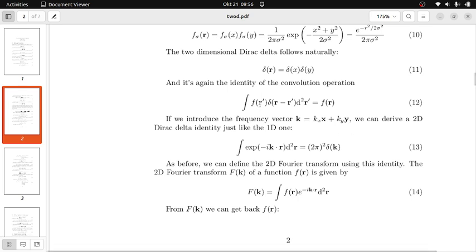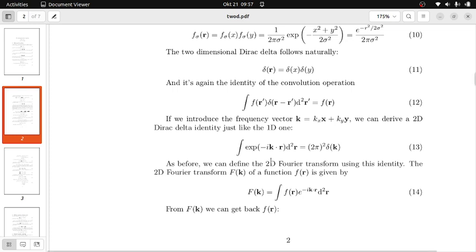And now when we go to Fourier space, we no longer have a frequency number, we have a frequency vector k, which is the kx component times x plus ky times y. And there is a 2D Dirac delta identity, just like the 1D one, which is the integral of the exponential of minus i k dot r, where the dot denotes the scalar product, which is just picking the product of each of the components and summing them.